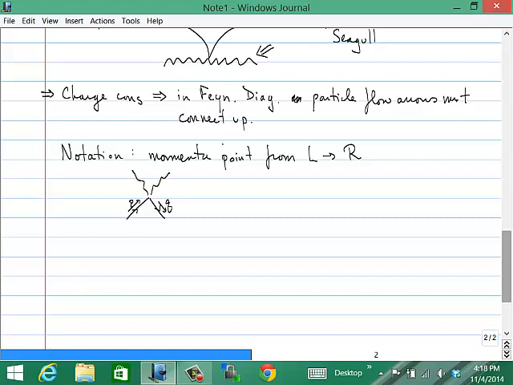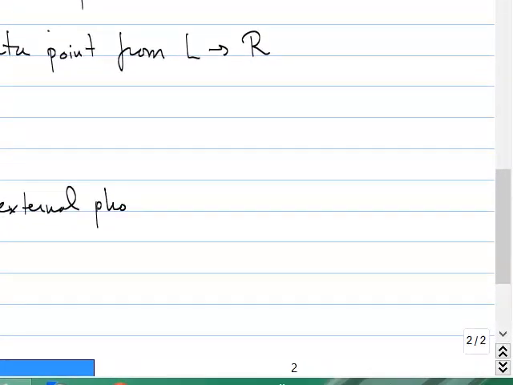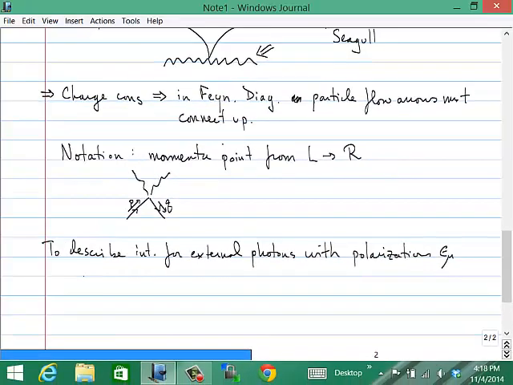And the rule that we need to remember is that to describe interactions for external photons with polarizations, say epsilon mu, you just write down the corresponding Feynman diagram. There'll be one free index if you have one free photon, and you just contract that with the corresponding polarization vector.